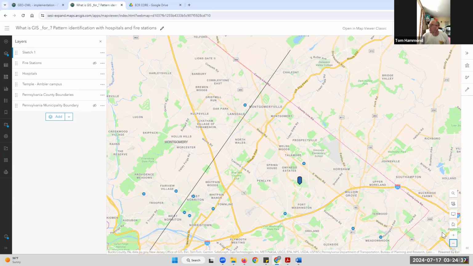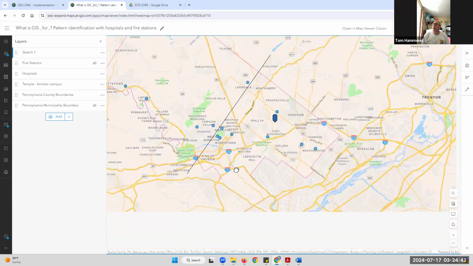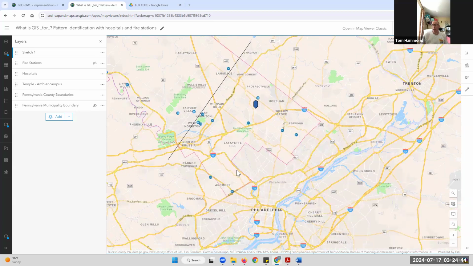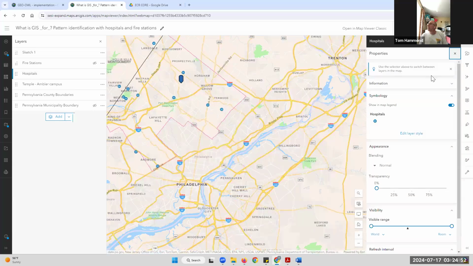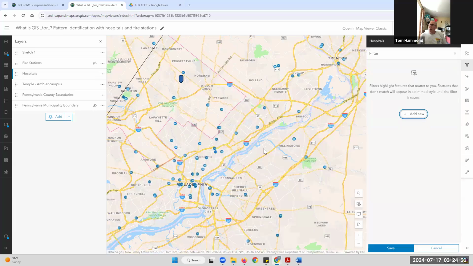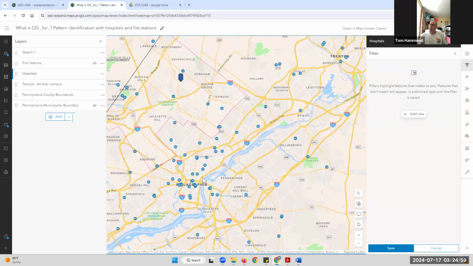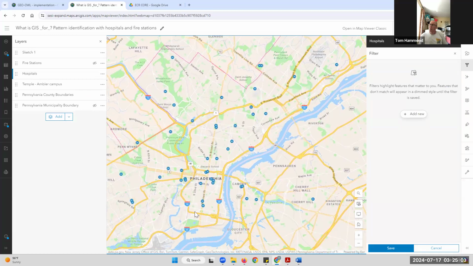So hospitals tend to be located right where people are, like in cities, but also where lots of streets go running through. And if we remove the filter on hospitals, for example, and take a look back in Philadelphia, you'll see that hospitals are sort of lining up along Broad Street, and then roughly the Market Street cross section there.